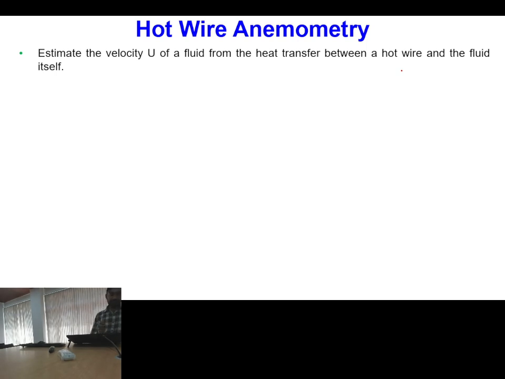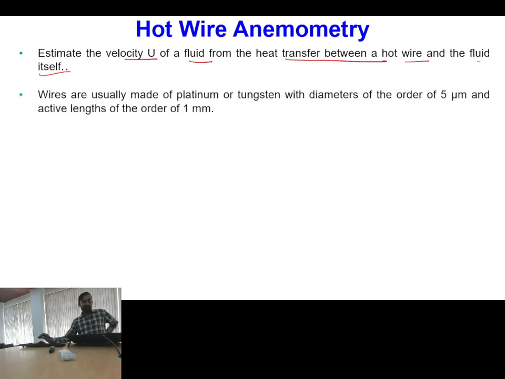Okay. So we measure the velocity of a fluid from heat transfer between a hot wire and the fluid itself. Wires typically are made of platinum or tungsten with diameters of the order of 5 micrometer and active length of the order of 1 mm.